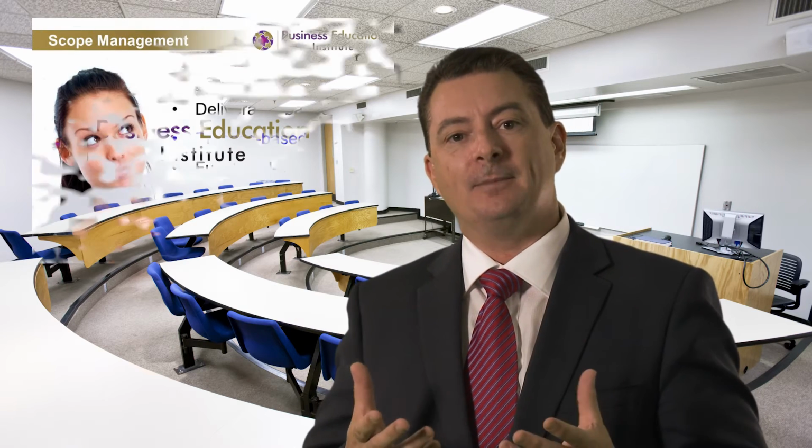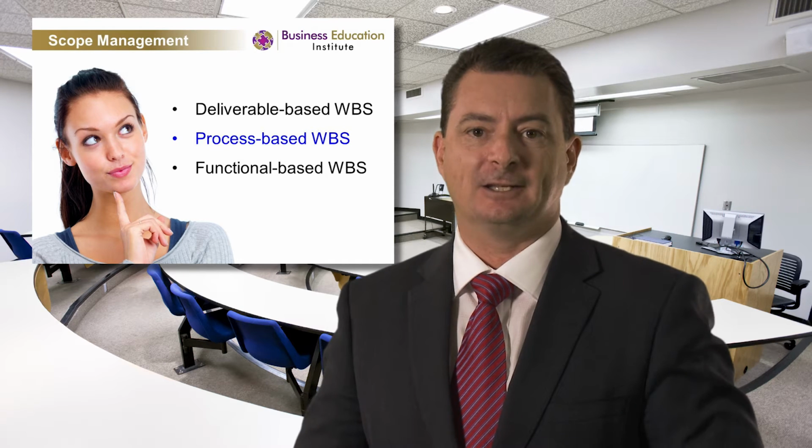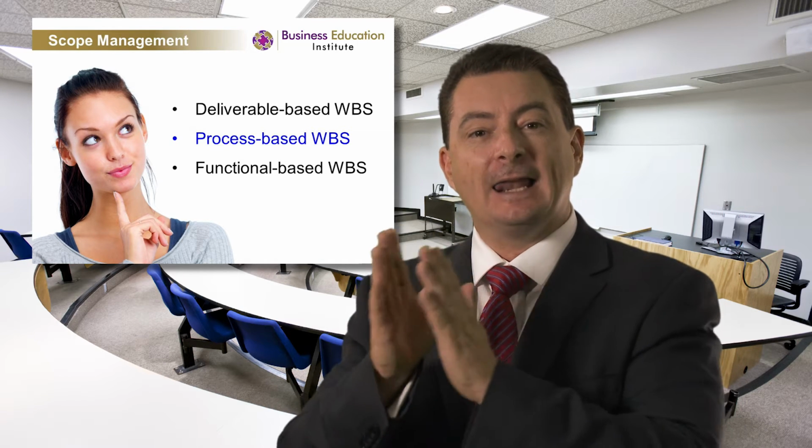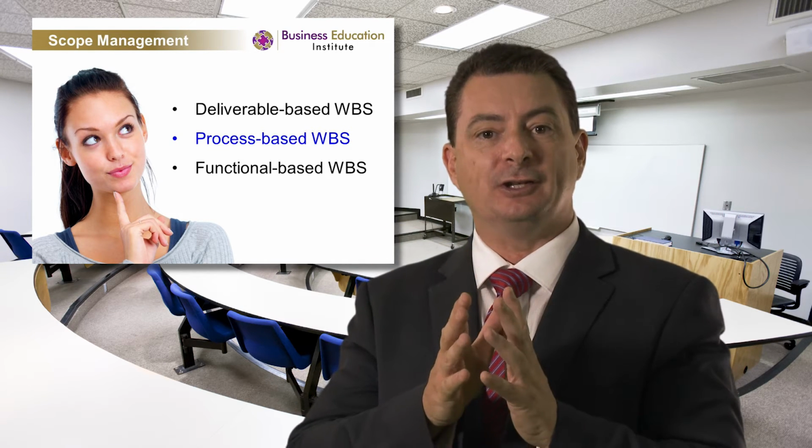The third type is called functional-based work breakdown structure, and that is where we're allocating it to a particular function. For example, take an event. We may have certain tasks under security, certain tasks under ticketing, certain tasks under the different functions such as catering. And in that way, the work breakdown structure can be cut and pasted to that particular function or the person doing it.